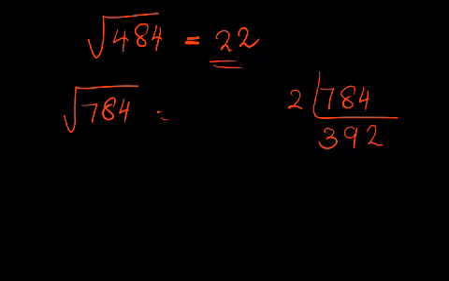Again, it's an even number, divisible by 2. 392 divided by 2 is 196.